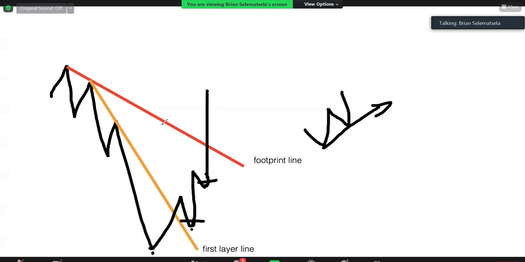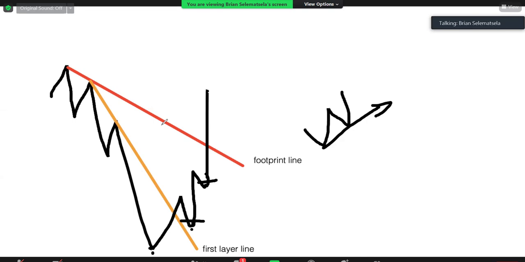And from there, after you add more trades, as the market continues going in your direction, you must be able to draw your full setup, whereby you draw the footprint line, and after that you draw the first layer line.